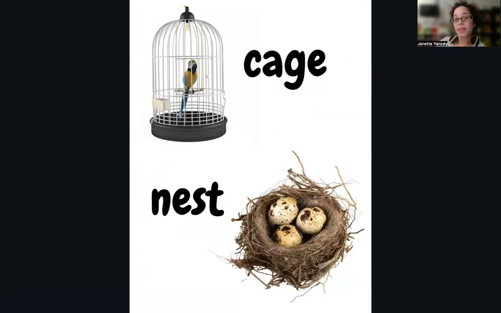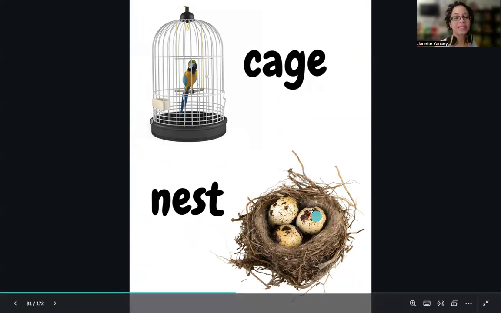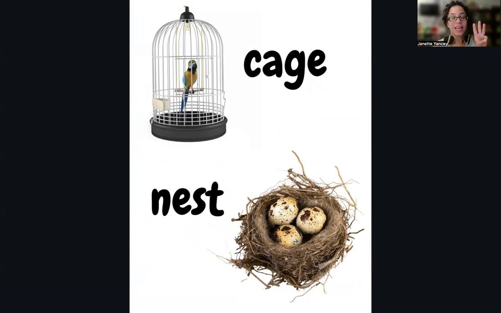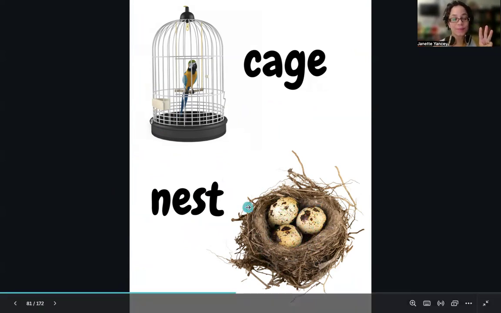So we were speaking of the difference between a nest and a cage. Here we have a nest with eggs. 1, 2, 3 eggs in the nest.